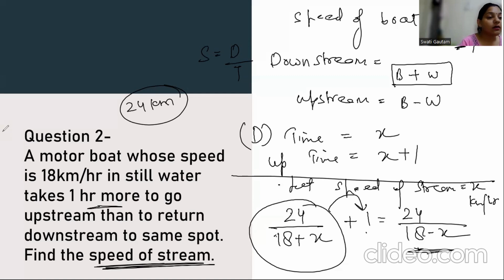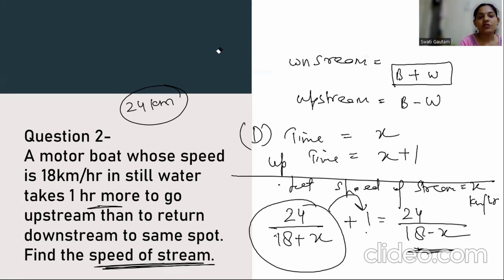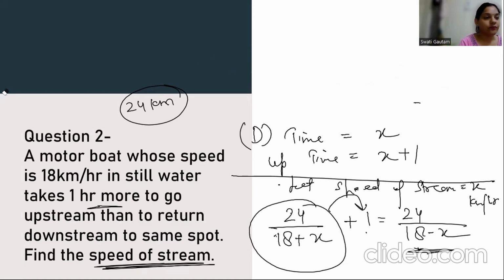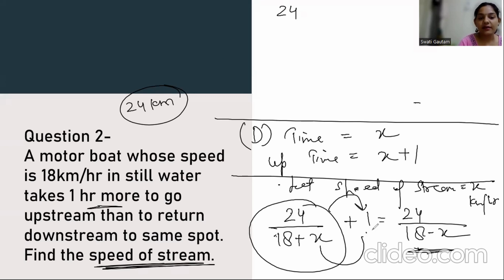So let's move on with solving the question. It's easy now because we have done most of the work. We can take the LCM here. The 1 has denominator 1 only, so taking the LCM, 24 plus 1 into 18 plus x, all over 18 plus x, is equal to 24 by 18 minus x.